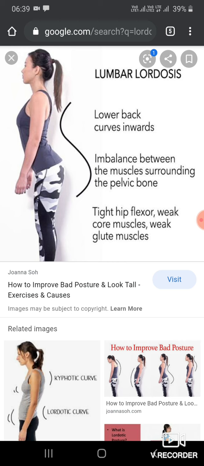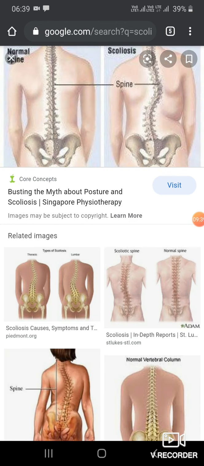Okay, now the last topic is scoliosis. You have to see in this picture. The third one is also a spine problem, scoliosis. You have to see in this picture a normal spine and a scoliosis spine. Your spine is turned left or right.